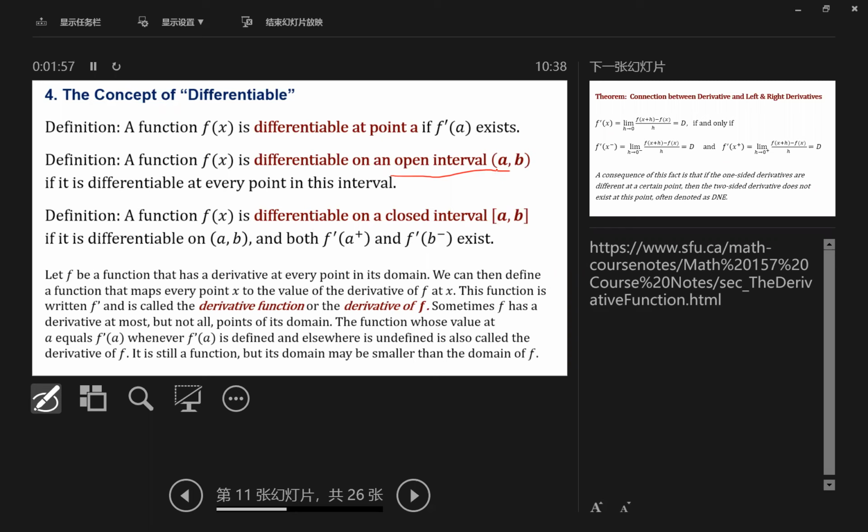Okay, there are 3 levels of differentiability we can define. So be careful with the differences here. Okay, at a point, or on an open interval, or on a closed interval. Okay, that is what they mean here.